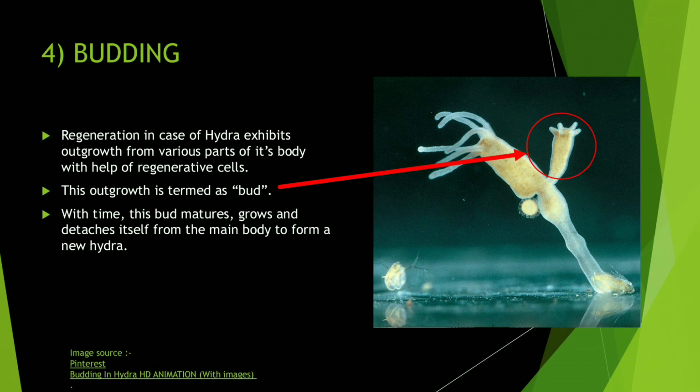At a certain point that bud becomes so enlarged that it detaches itself and separates out as a new hydra. That outgrowth is known as a bud, which you can see in this image. As I mentioned before, the bud matures, takes nutrition from the parent body, grows, detaches itself, and the process continues with the next generation.